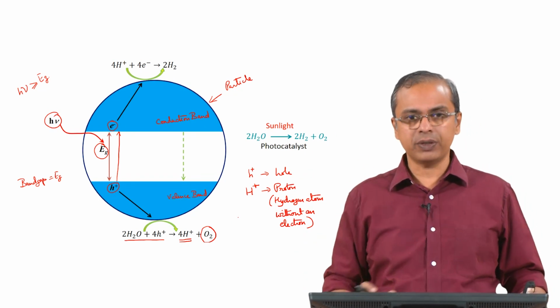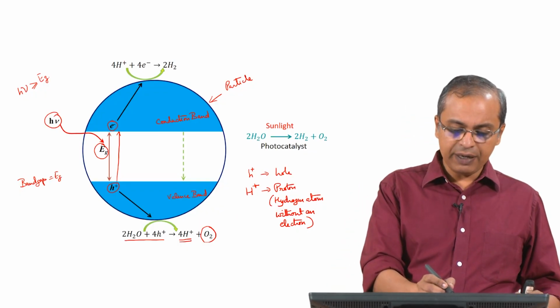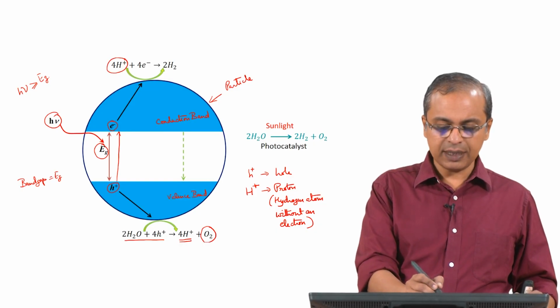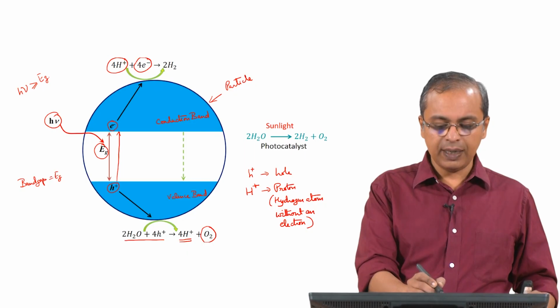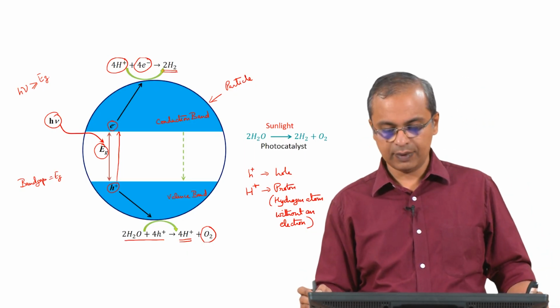Now, the electron has been put into the conduction band, it may go to some other location. If it finds protons in that location, 4H+, these electrons that you brought here will now react with that proton and get you hydrogen. Okay.